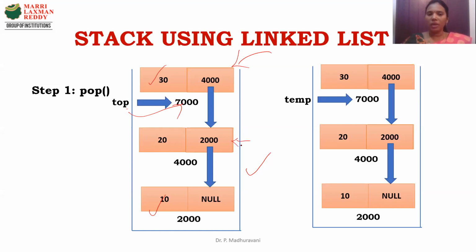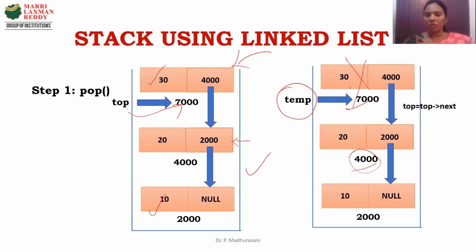And what I am doing is I'll store this top into a temporary pointer, like this. Now the top is temp. Before removing this temp, I'll move top from this location to this location. That means I'm moving the top from the 7000 location to the 4000 location, because after removing the data value at the location 7000, the next reference is 4000, and that will become the top node.